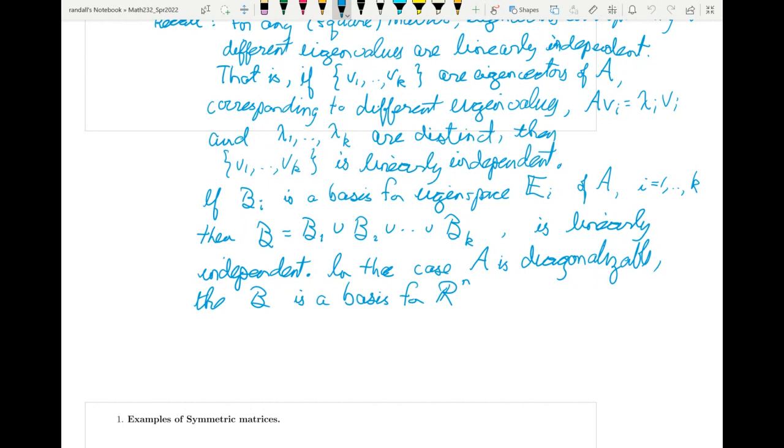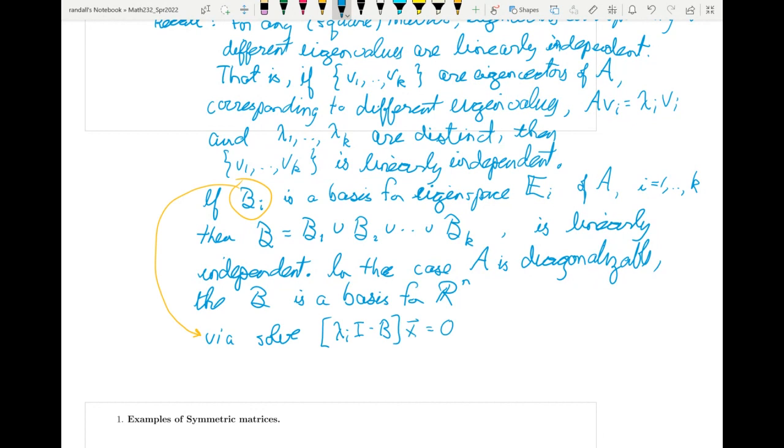Now, these bases B_i you find for the eigenspaces, those we've done many times in this course. You solve the system lambda I minus A times x equals 0.